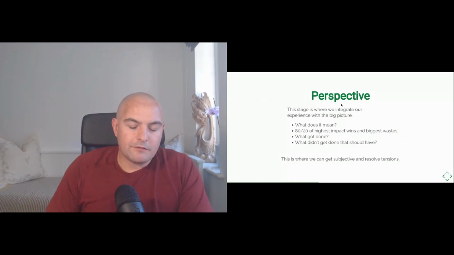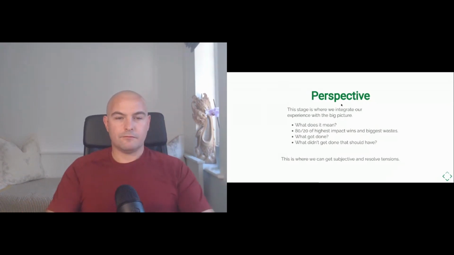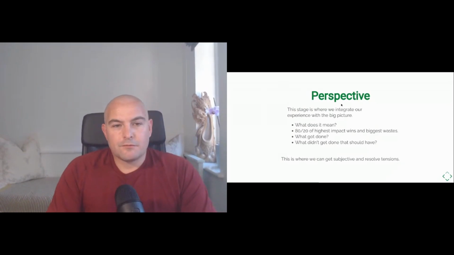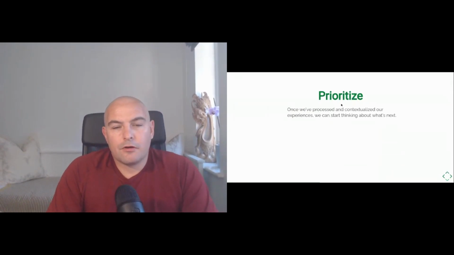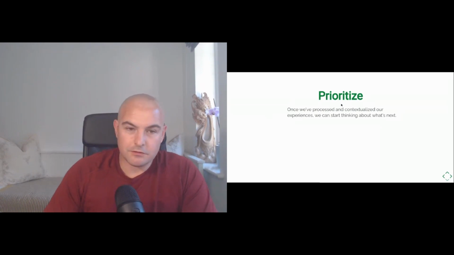So yeah, it can be quite easy to get into arguments and conflict. Okay, so then we've done our objective to subjective, and then we're going to start prioritizing, of all of the things that we've seen, which are the ones that we want to actually try and turn into levers to change our situation.